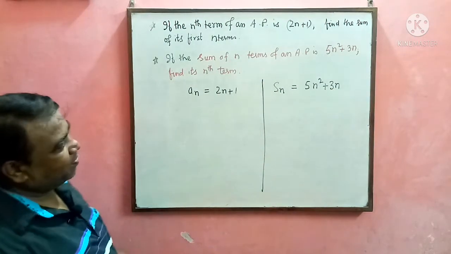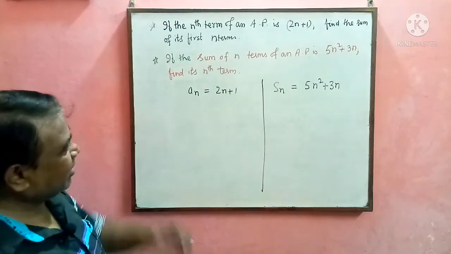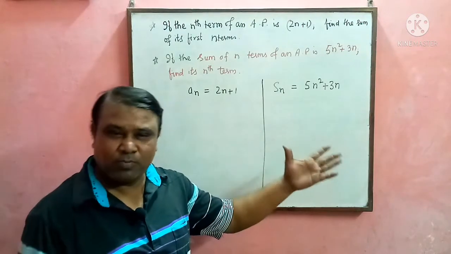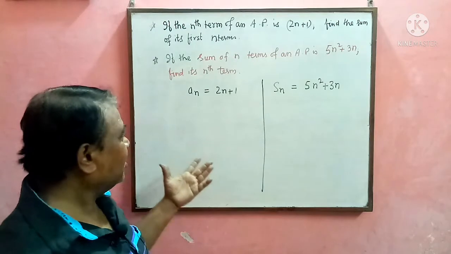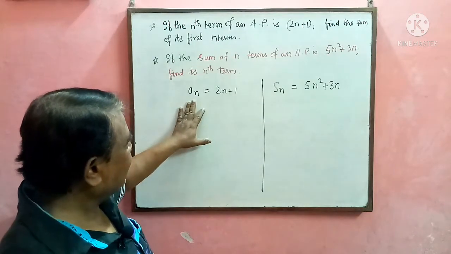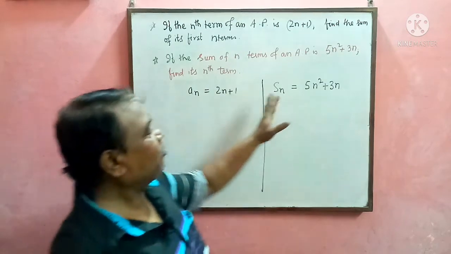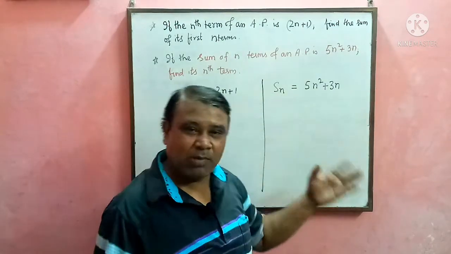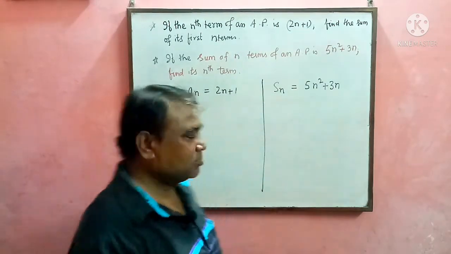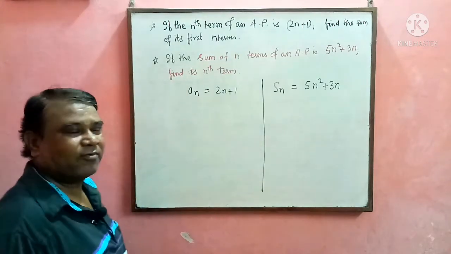Now you see, we may put 1 here to get the first term for both the cases. If I put 1 here, then I will get the first term of this AP. If I put 1 here also, because the sum of one term is the first term, so definitely we will get the first term very easily.